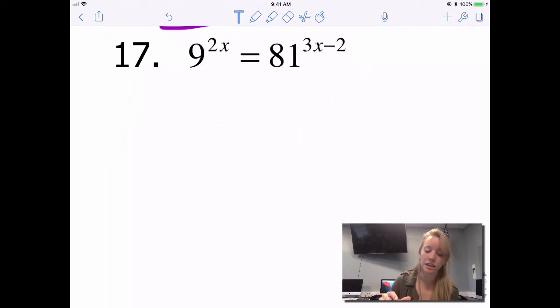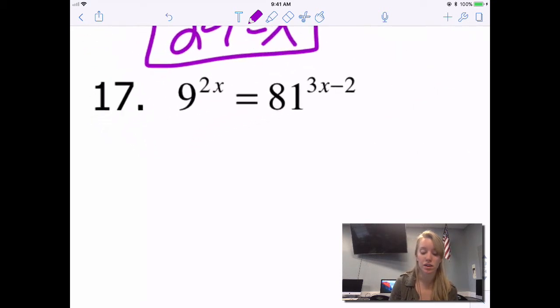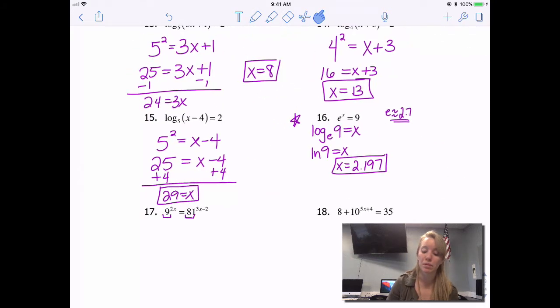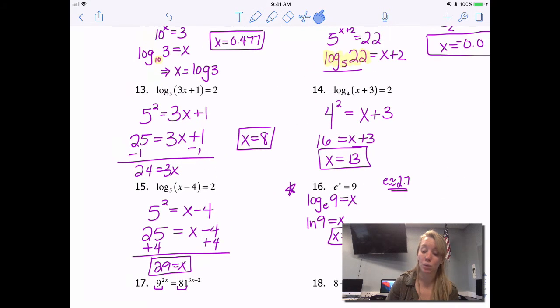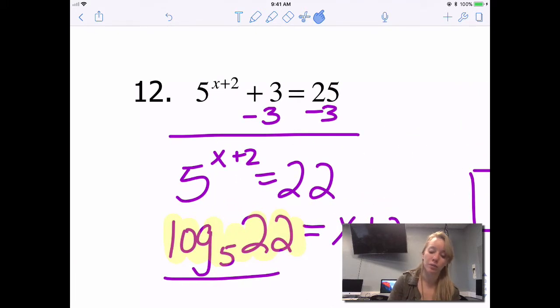Okay, number 17. For these last two, I'm going to give us a choice. We can either do PEMDAS backwards, or we can go back to what we did at the beginning of the lesson, which is relating the bases. I think this one's going to be easiest if we relate the bases. Notice that both sides have a base, whereas in our other problems, we only had one side having a base, like number 12, or one side having an exponent.